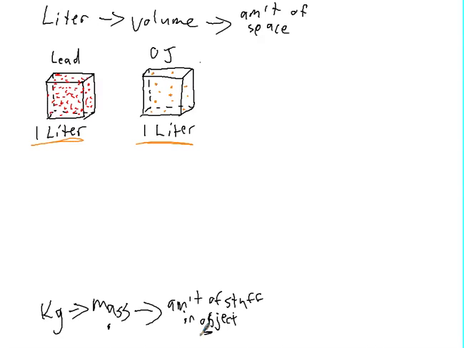So we're going to draw this out. We have lead and OJ, but they have the same amount of mass. Now let's say this mass is represented by, say, 20 dots. Okay. Let's start out with this guy.